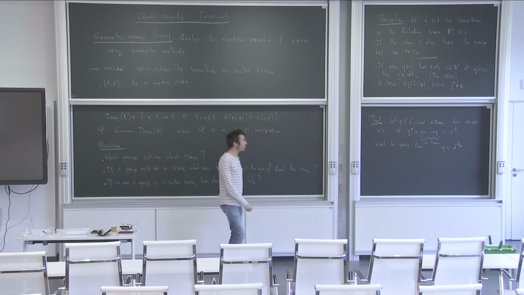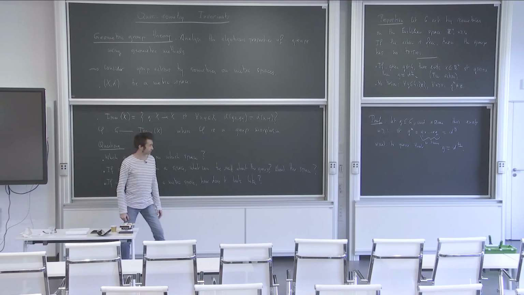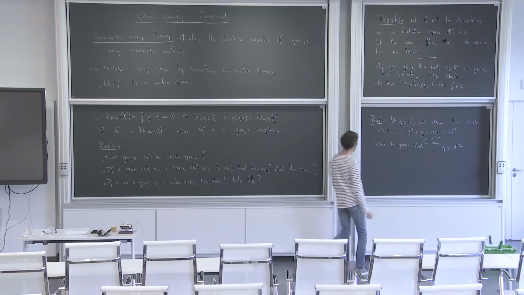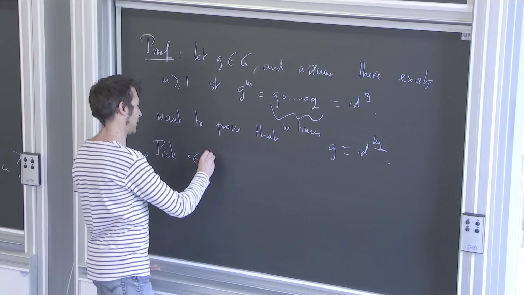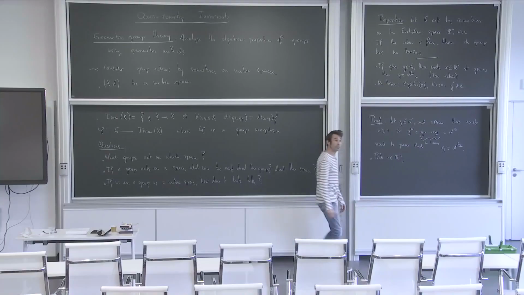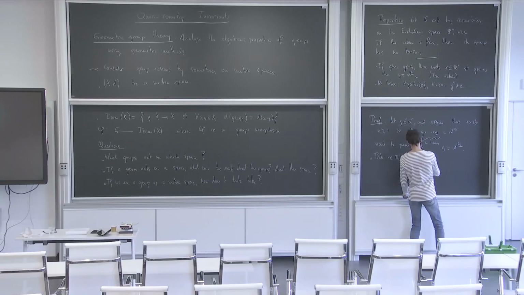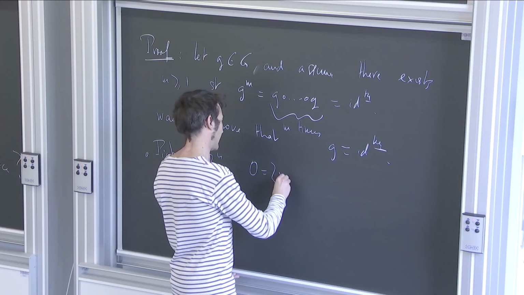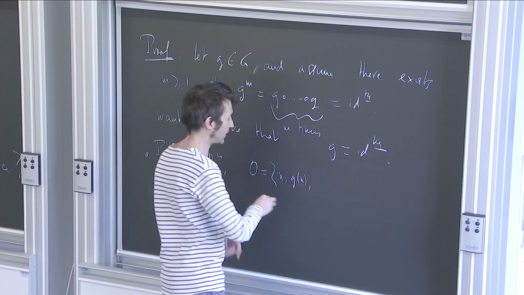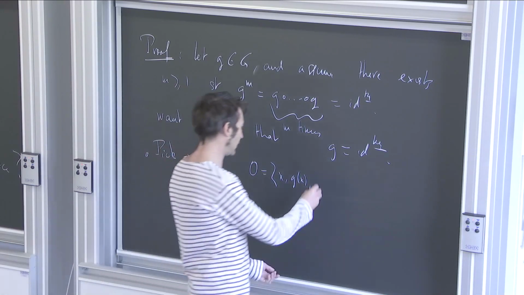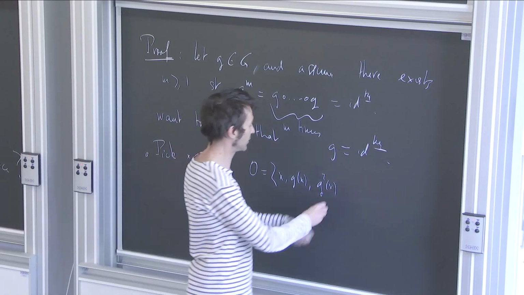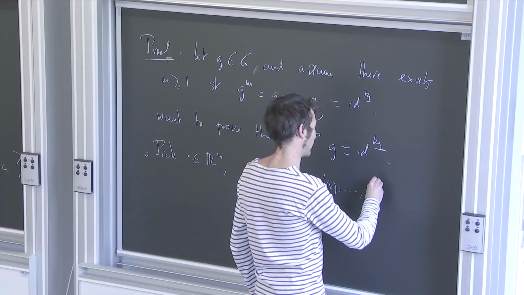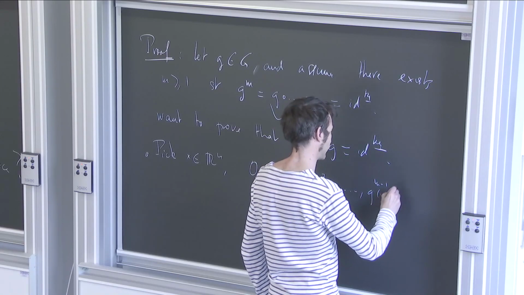Okay? So how are we going to do that? For this, you pick a point x in R^n, and I will consider its orbit under the element g. So I let O be the set x, g(x), and then I take the images of the images: the second iterate of g, so I apply g to g(x), g^2(x), and then I arrive at g^(m-1)(x).